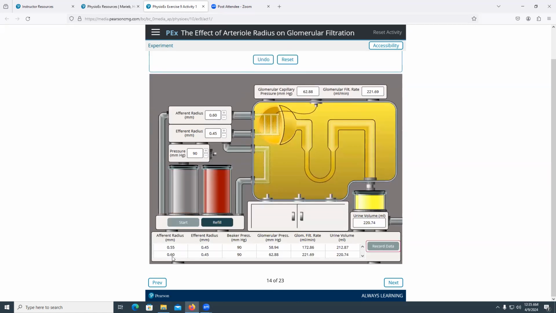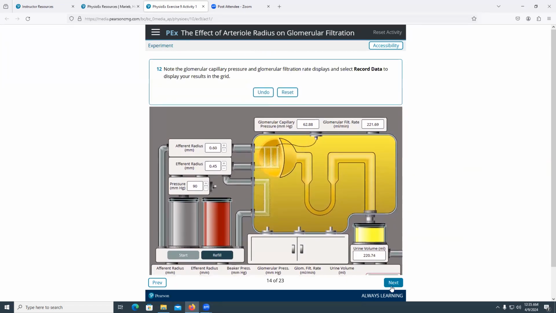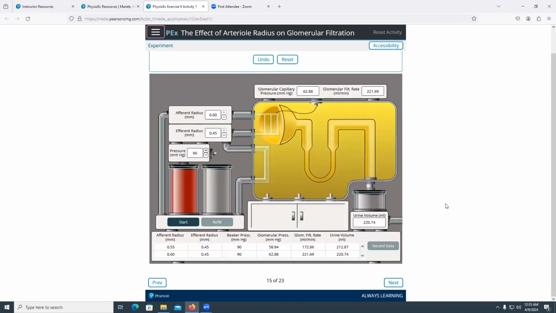I increased it to 0.6, and voila. The urine volume has increased the most. Glomerular filtration rate increased the most compared to any other value. So the more I increase the afferent radius, all the other variables will increase. Let me refill everything because I recorded my data.